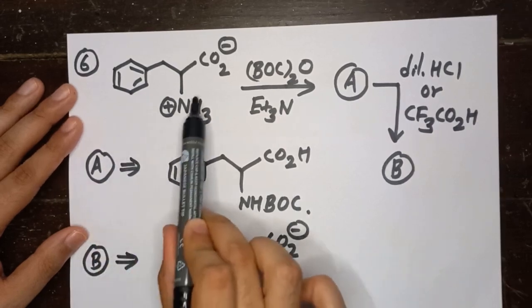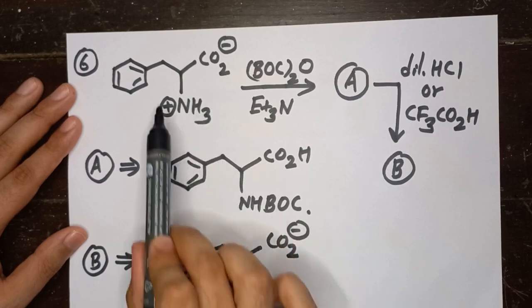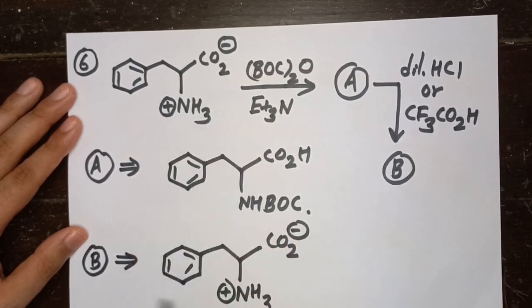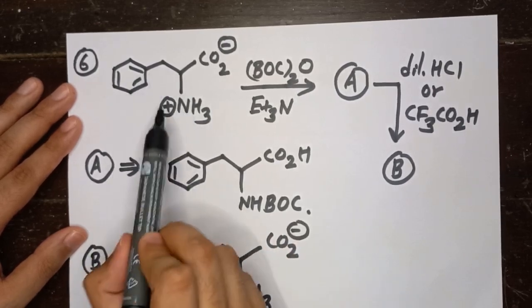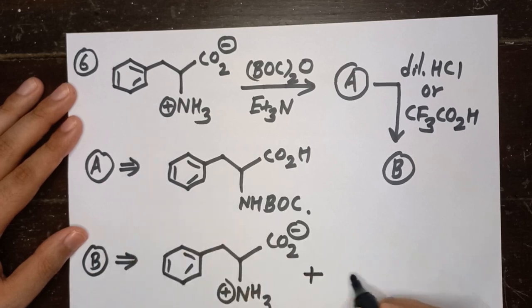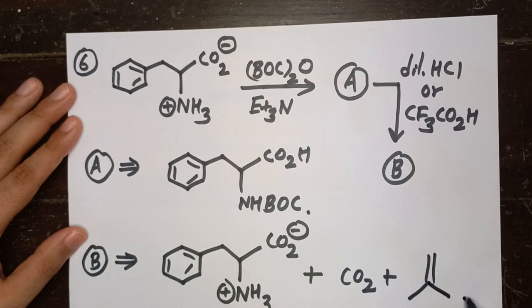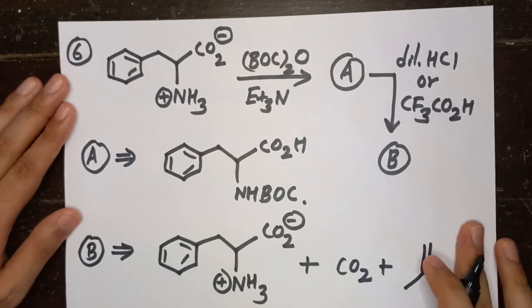Okay, see, first we protected this amine with Boc, and then we are deprotecting it, so we will get back the starting material. And also the byproducts are CO2 gas and isobutylene gas.